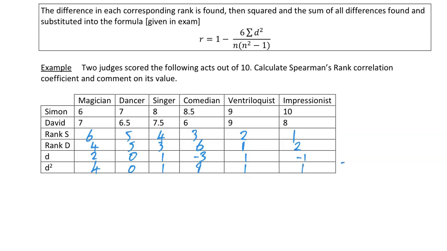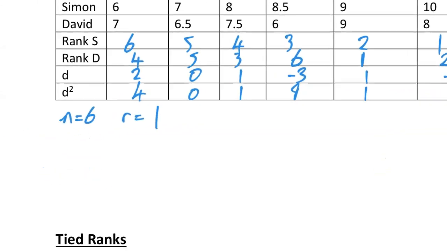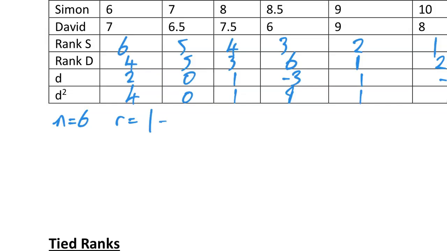So at the side here, I'm just going to do sigma d squared. So we add those up. 4 plus 1 plus 9 is going to be 14, plus 1 plus 1 is going to be 16. So you get your sigma d squared. In this question, we had a total of 6 different entertainers. So we have n is equal to 6. Your r is equal to 1 minus, so I'll just zoom in so we can see this a wee bit, 1 minus 6 times sigma d squared over n upon n squared minus 1.